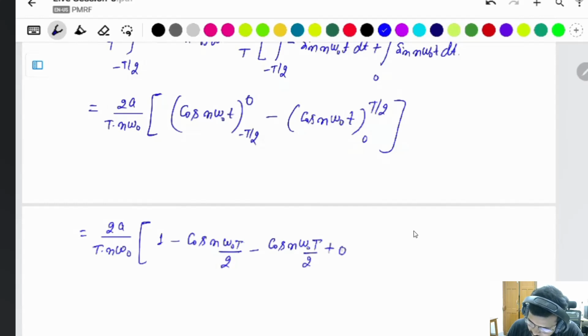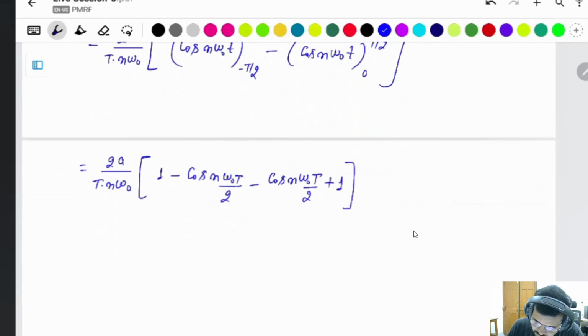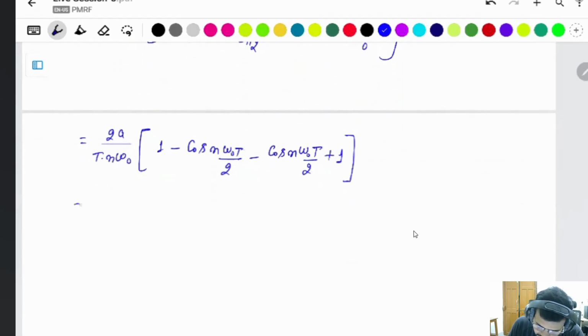Cos 0 value is 1, so 1 plus 1 is 2, cos n omega t added, then this will be also 2. The 2 will be outside, and this will be 4a divided by n omega naught t, 1 minus cos of n omega naught t by 2.